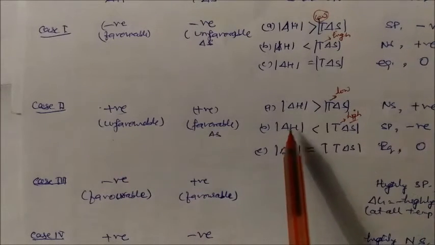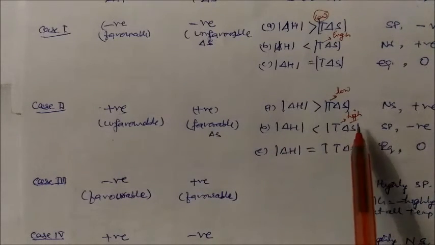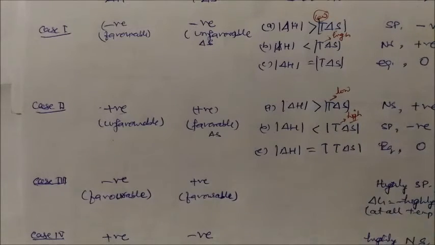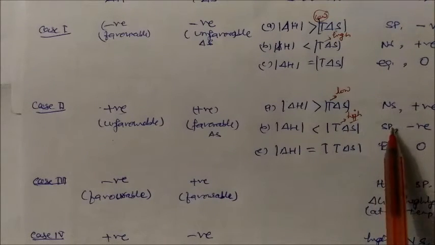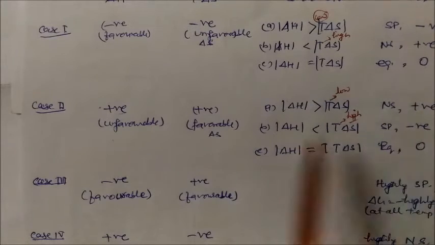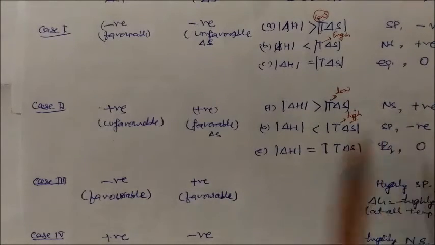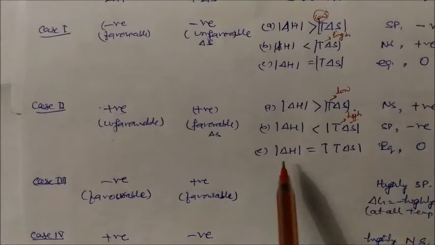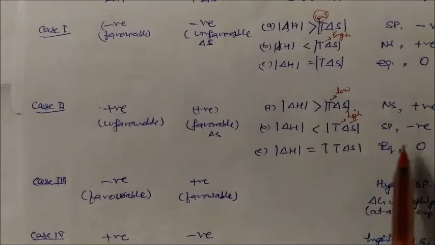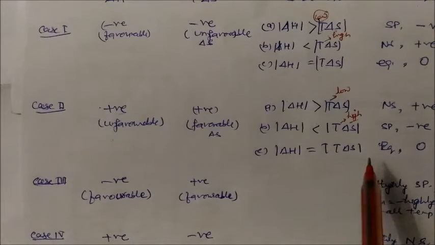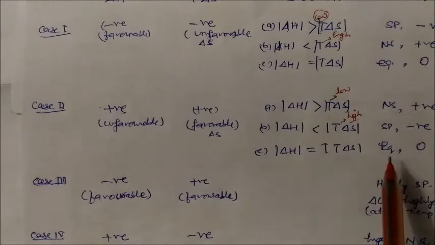If the magnitude of delta H is less than T delta S, that is only possible when temperature is high. So in this case it becomes spontaneous, and delta G will be negative. Third case, both are equal in magnitude, so delta G will be 0, and the process will be in equilibrium condition.